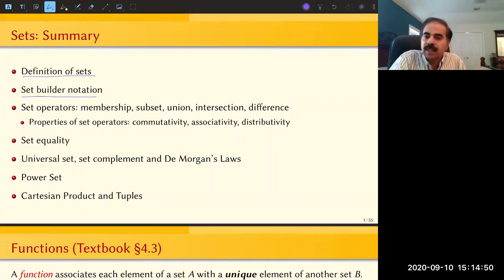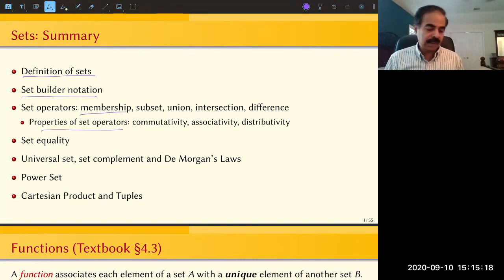We tried to get familiar with the set builder notation for compactly and precisely saying what is in a set. We defined all of the standard set operators using the set builder notation. We defined the meaning of each of these set operators, such as subset, union, intersection, difference, and so on. And we briefly went over the properties of set operators such as commutativity, associativity, distributivity, and so on.